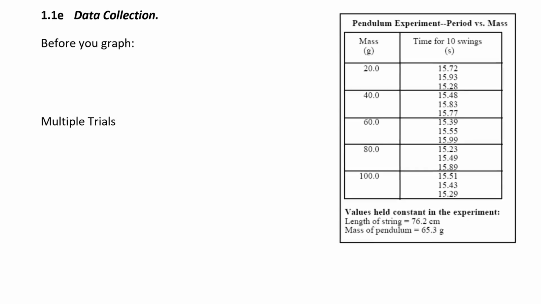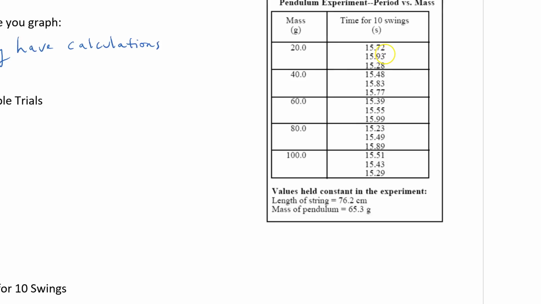So still talking about data collection. Before you're going to start to graph, there's often little bits of things to do. There's a few calculations. Okay, so you may have calculations to do. Because if I'm looking at that data table, I don't want to graph 3 points each time.